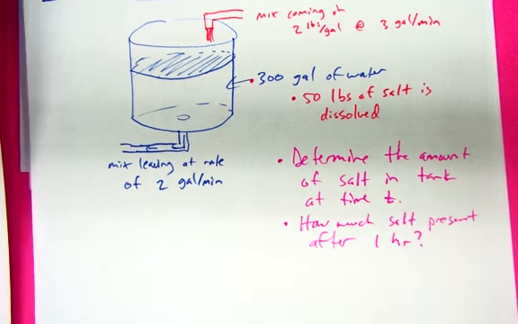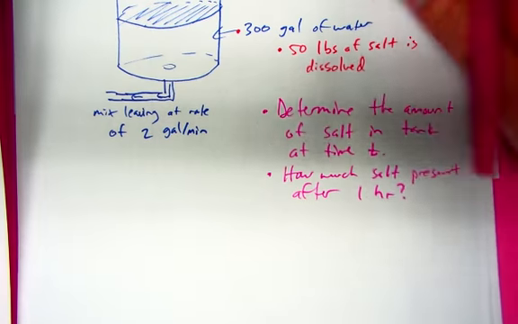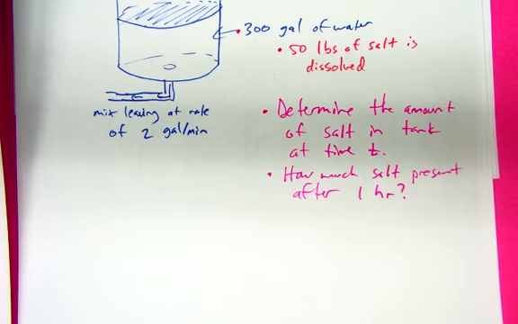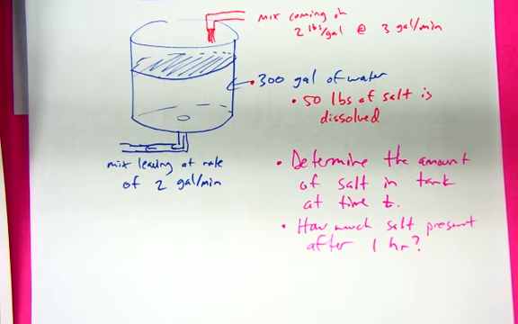This is really useful. So we have one magic tank, stuff leaving, stuff coming in, and the goal is to have a differential equation that models the amount of salt present at time t so that we could hopefully use that to figure out how much salt is present after an hour.